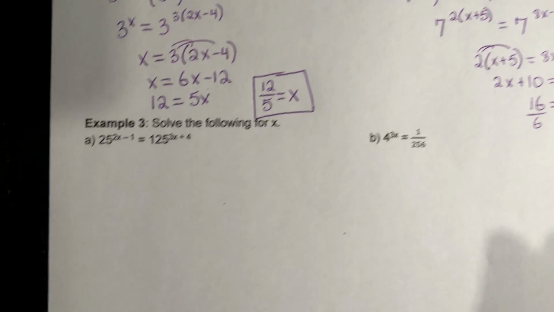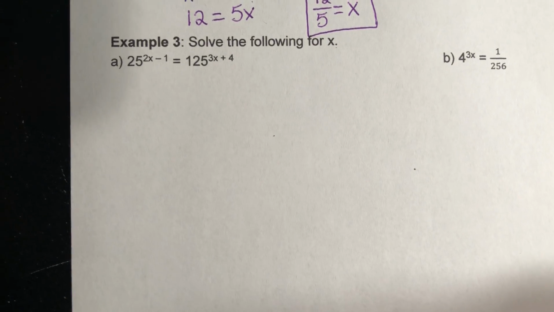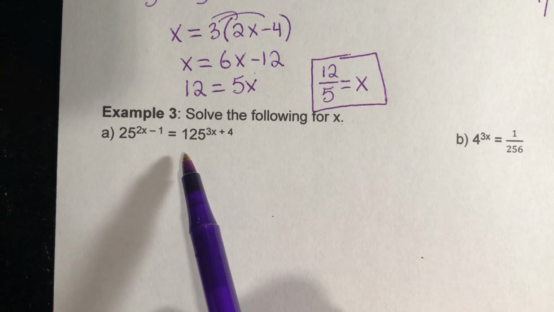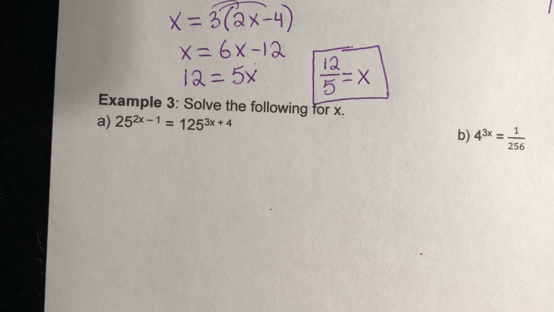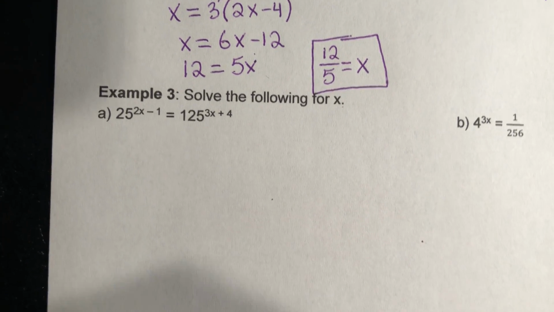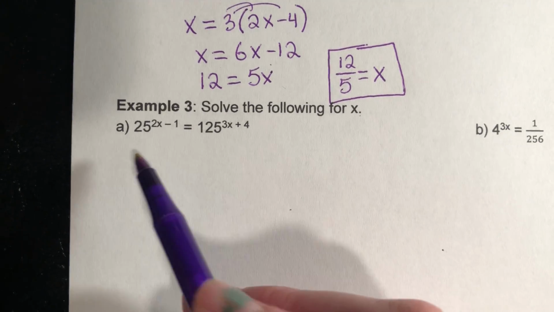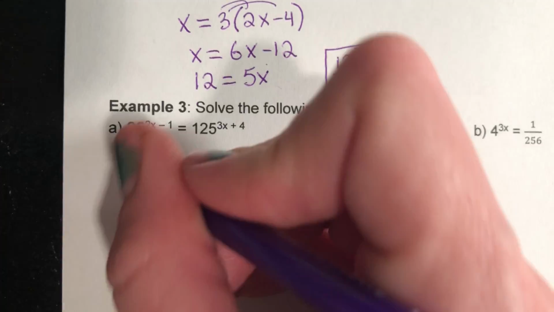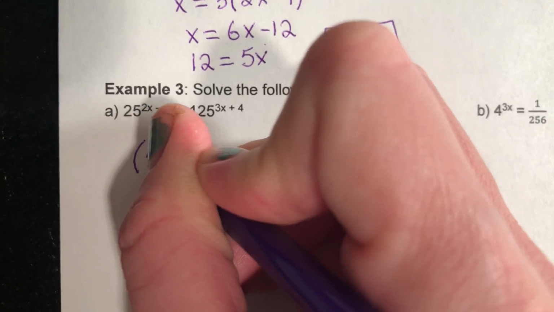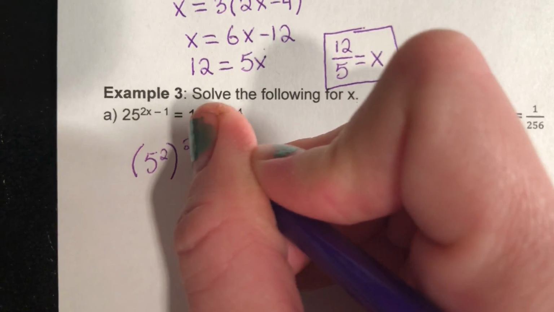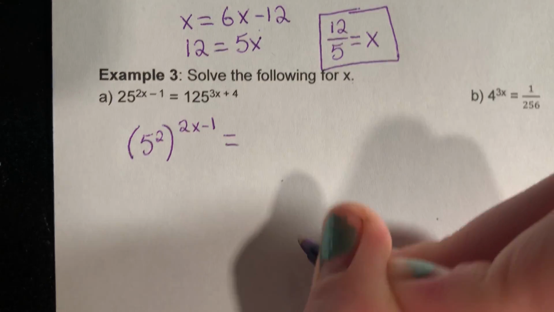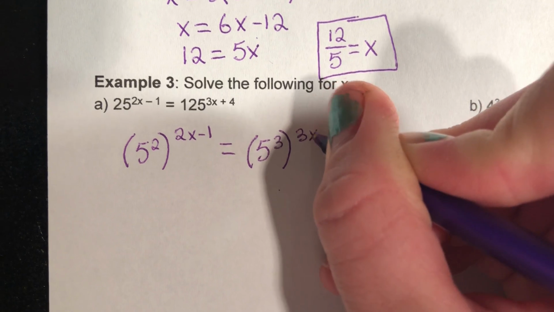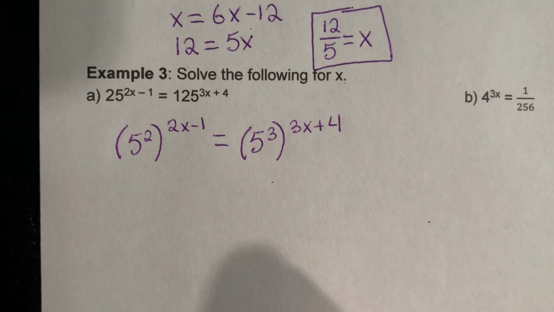All right, so let's move on over here to solve these a little bit more complicated ones. As you can tell, 25 and 125 could both be broken down into smaller bases. So let's look here. 25 and 125 have the base of 5 in common. 25 is 5 squared, and this is to the 2x minus 1. 125 is 5 to the 3rd, and this is to the 3x plus 4.